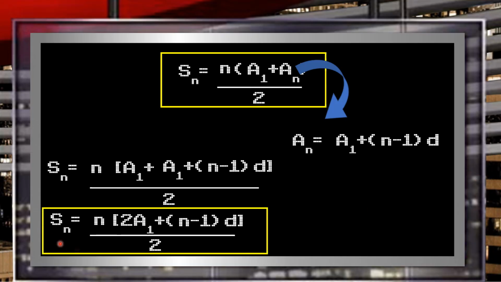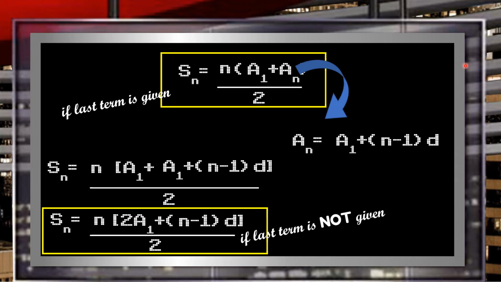This is now our formula when the last term is not given. Let me repeat: this formula, or formula 1, is used if the last term is given, and this one is used if the last term is not given.